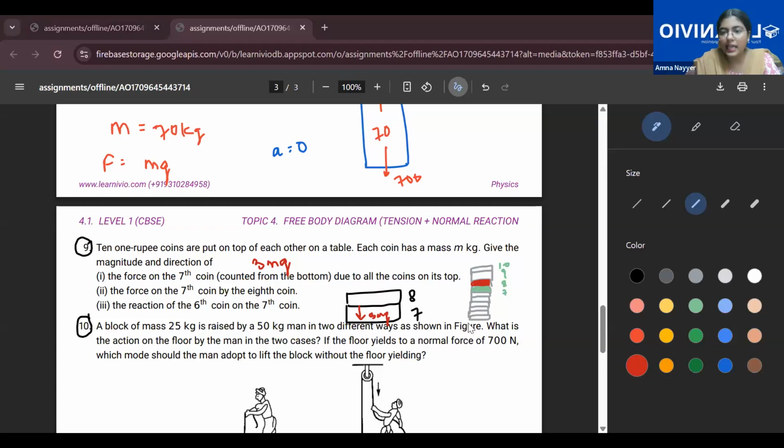If I draw the ninth and 8th, this is the ninth one, this is the 8th one. Now, what's the force the ninth is exerting on the 8th? You tell me.